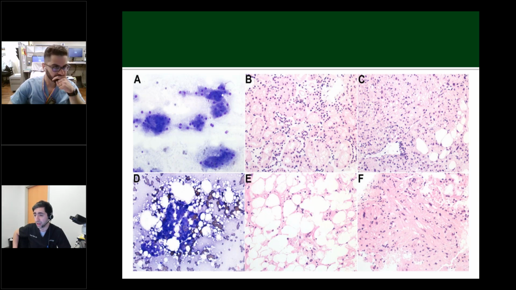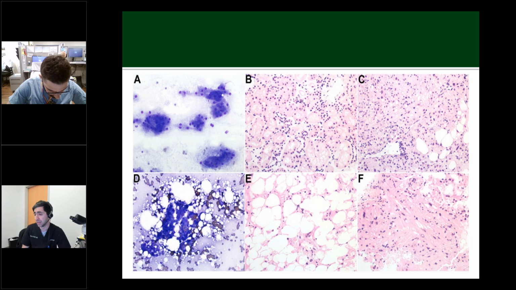The other figures, D to F, show another case that got interpreted as dedifferentiated liposarcoma. In part D you see the fat cells with ovoid to spindle cells.